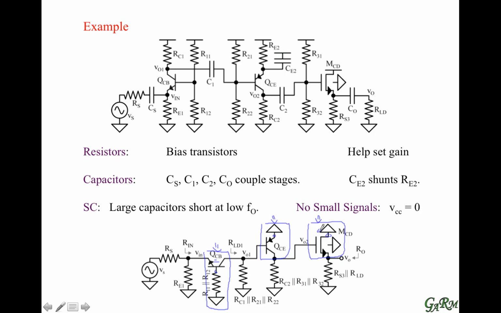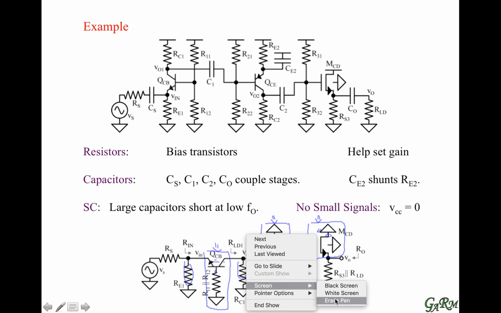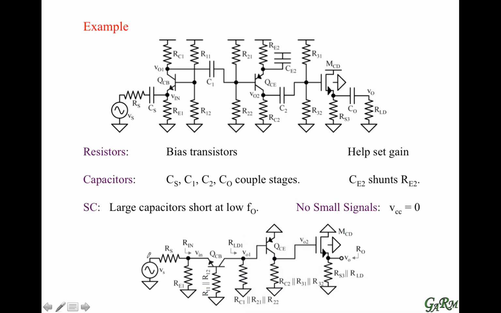So with two-port equivalent circuits here, here, and here, and then these resistors that basically load each of these nodes, we can get the gain. If we look at the gain, from the source voltage to the input of the first transistor, we have a voltage divider into RE1 in parallel with the input resistance of that first gain stage.